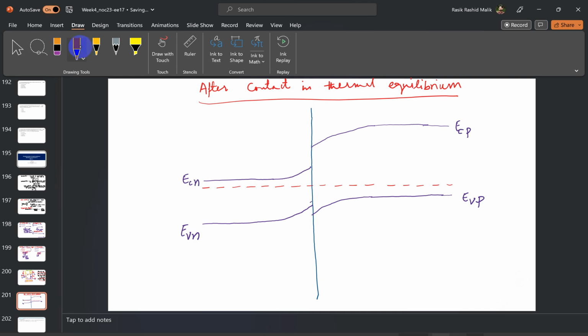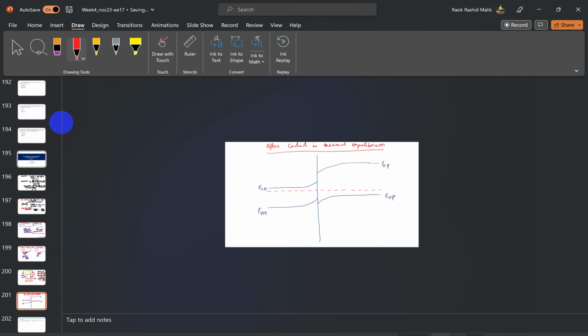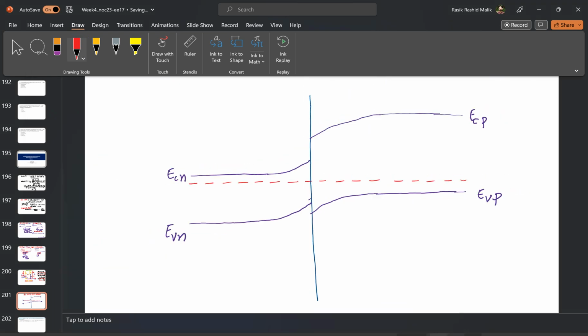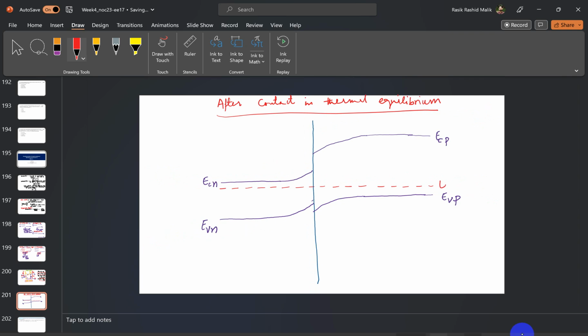This is EF capital P, and it is the same as EF capital N. Here this is delta EC, the discontinuity in the conduction band, and this is delta EV, the discontinuity in the valence band.